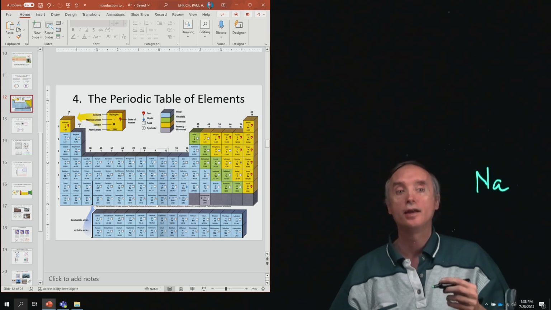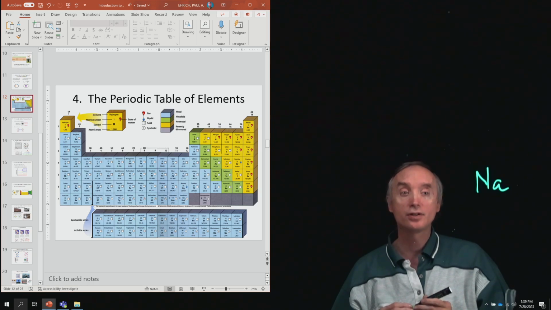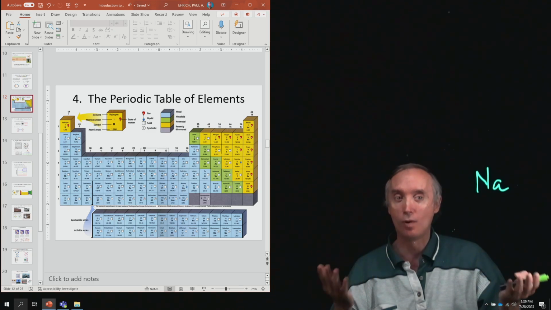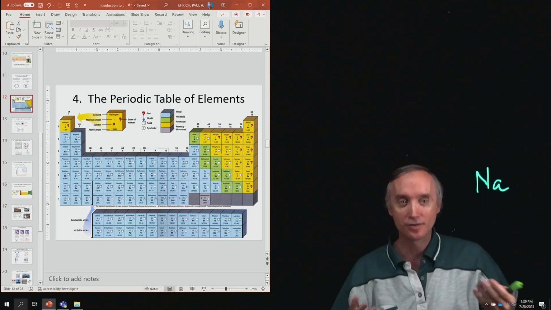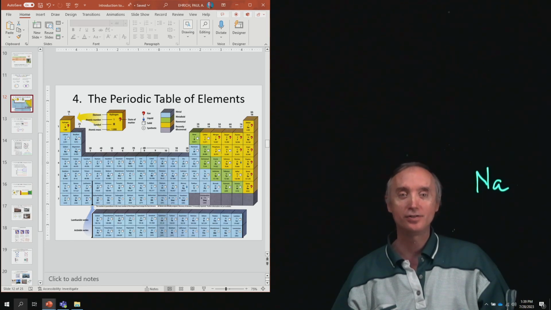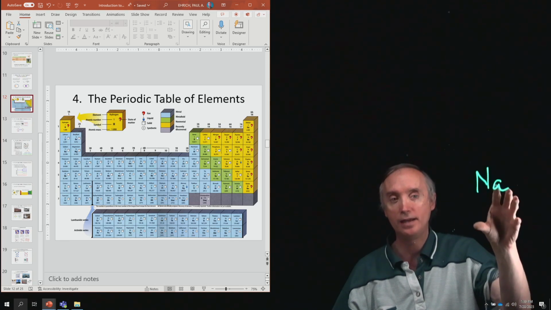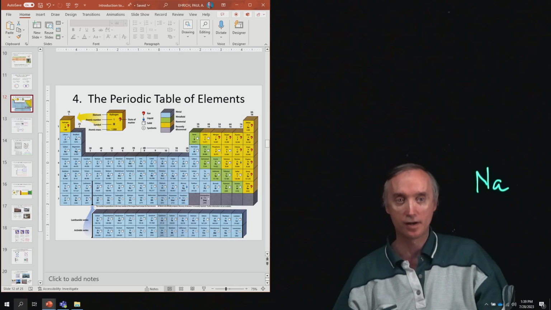Now, the magic number in chemistry is 8. You're saying, well, why isn't it 7? Why isn't it 6? Because of quantum mechanics. It turns out that if an atom can get to the number 8, it's going to be very satisfied.